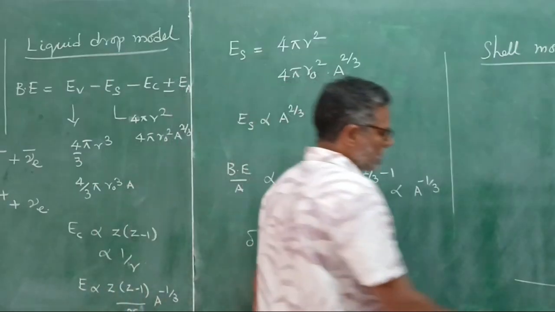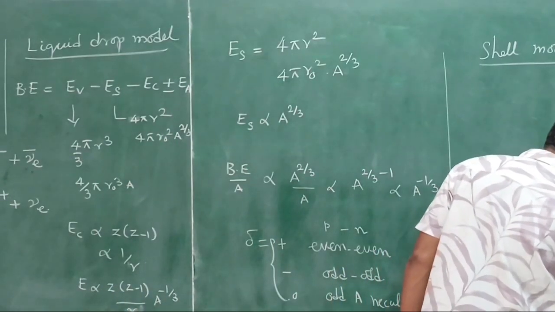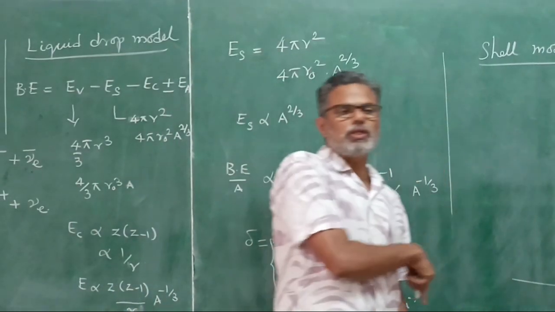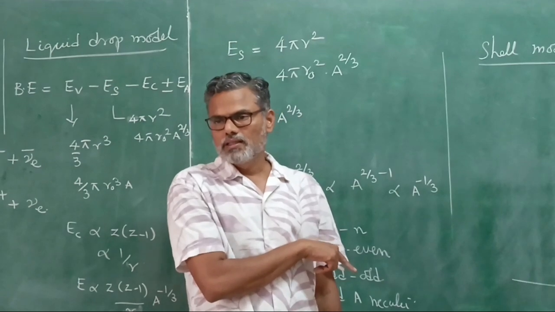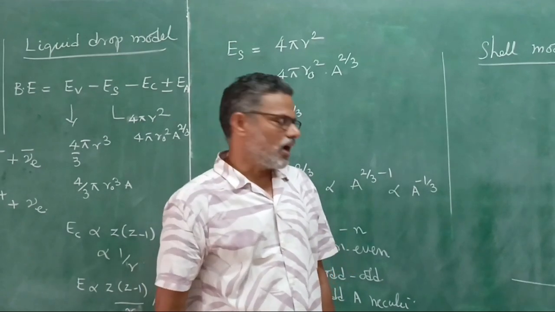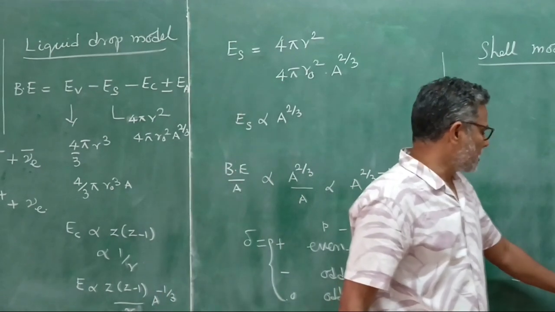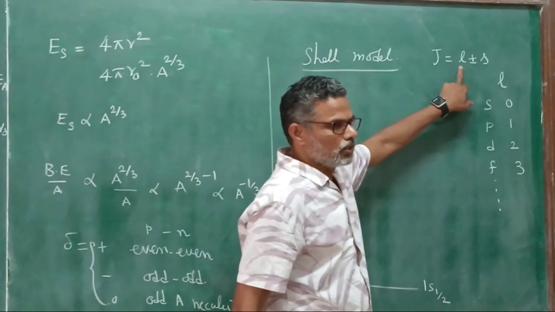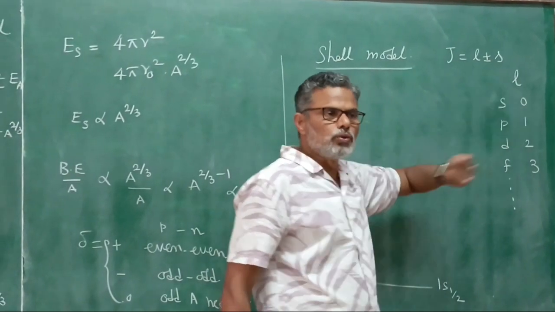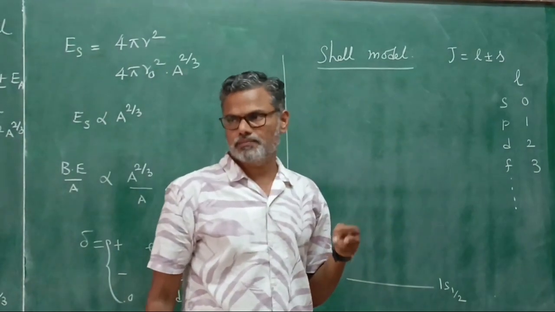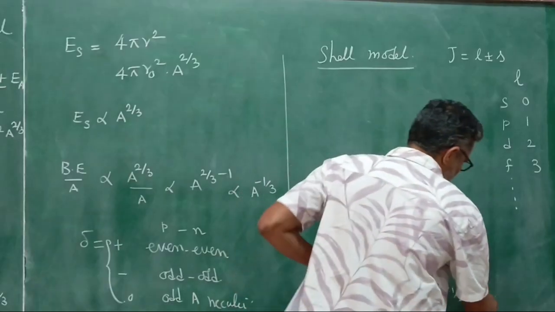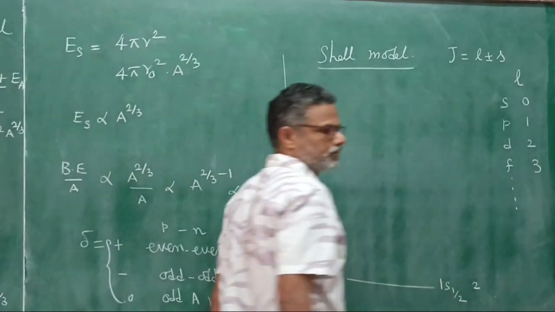Let's say this is 1s 1/2. So how many nucleons can be accommodated here? Because you have an L value of 0, plus or minus one-half, 2 nucleons can be put together. So the maximum number of nucleons is 2 here.